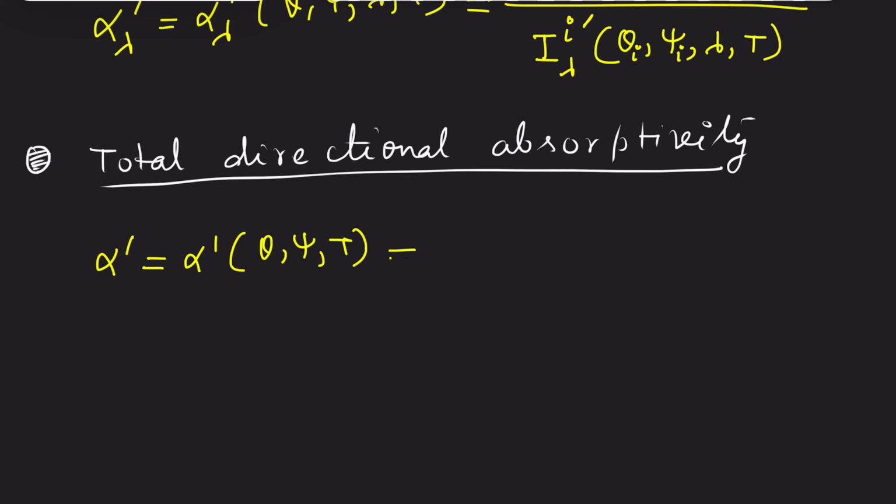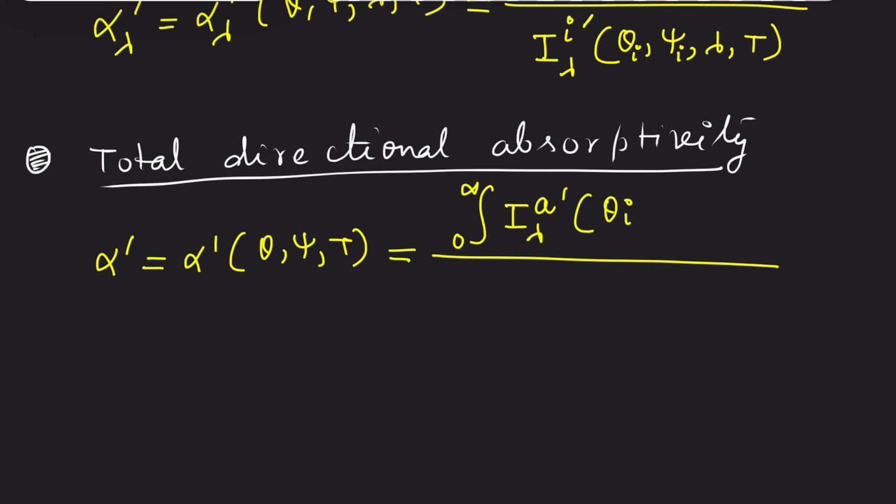Then we have to integrate with respect to lambda, so it will be I absorbed lambda, the general thing, theta i, psi i, lambda comma t, integrated with respect to lambda, and this thing also.